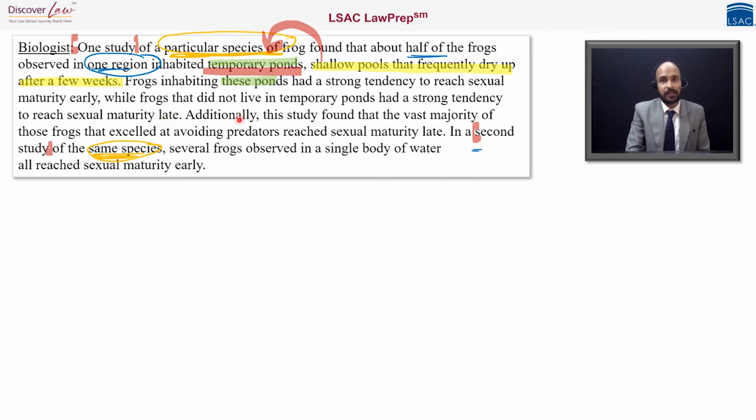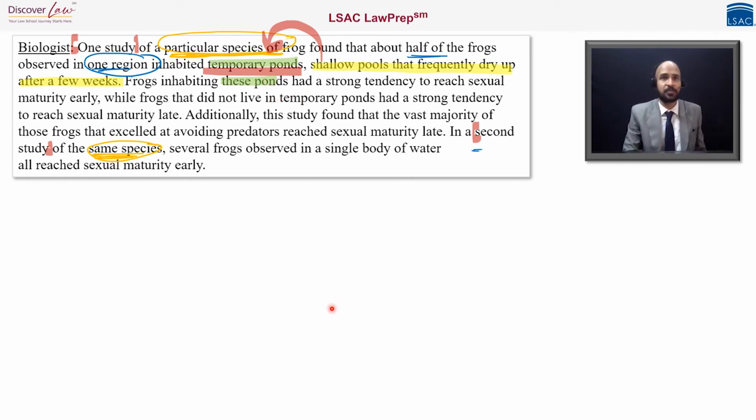Additionally, this study found that the vast majority of those frogs that excelled at avoiding predators reached sexual maturity late. So if there were frogs that were good at avoiding predators, those frogs reached sexual maturity late. This is additional, which means it's not really a part of the first finding. So we're looking at the results.